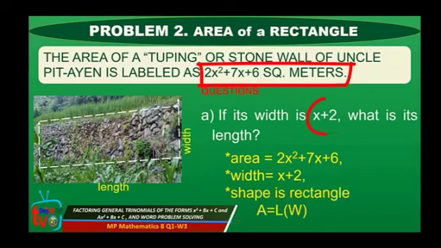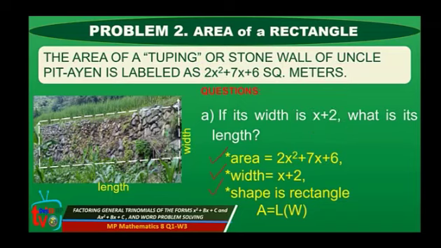The givens in the problem that may help us are, first, the area, which is 2x squared plus 7x plus 6. Second, the width, which is represented by x plus 2. And third, the shape, which is a rectangle.